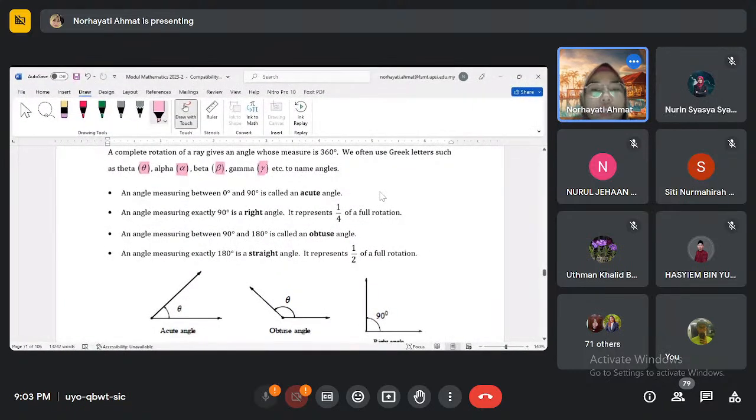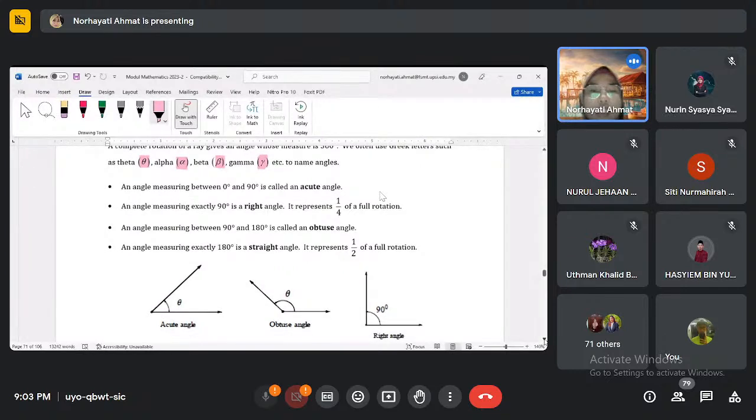Okay. So, tadi kita ada macam-macam jenis kan, depends on where the terminal side of the angle, of the ray, lies. So kita ada, kalau dia punya sudut antara 0 kepada 90 darjah, okay, sudut tu kita panggil sebagai acute angle.